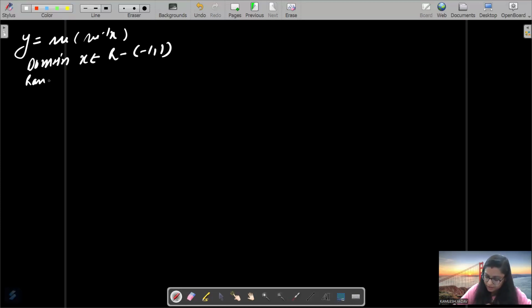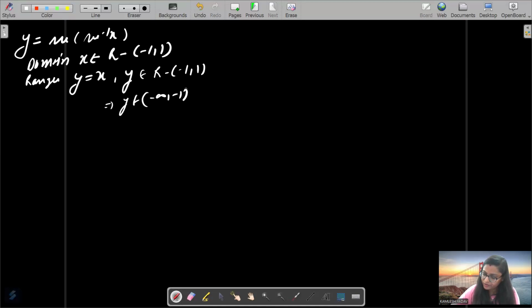Then here the range, which is also y is equal to x. Here y belongs to where? R minus of -1 to 1. See, it is also written like that: y belongs to minus infinity to minus 1, open interval, union of 1 to infinity. These two statements are actually the same.